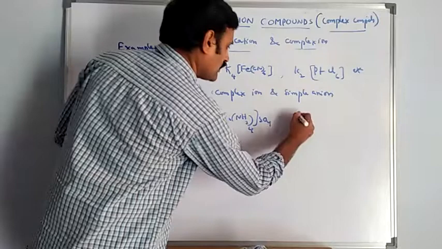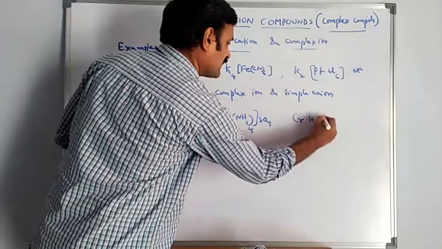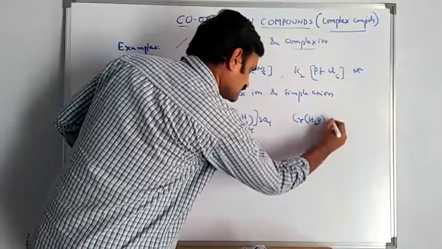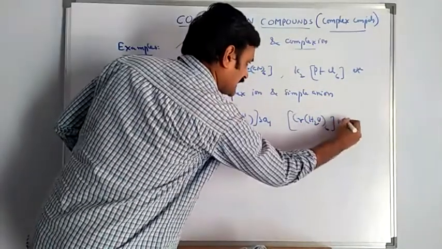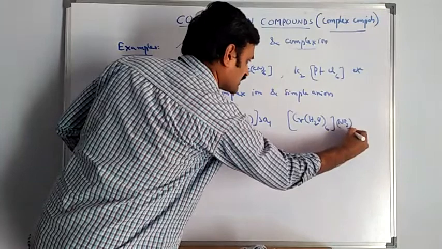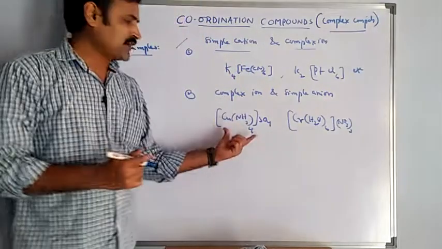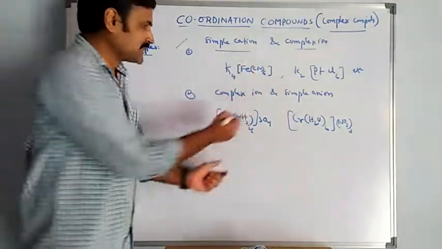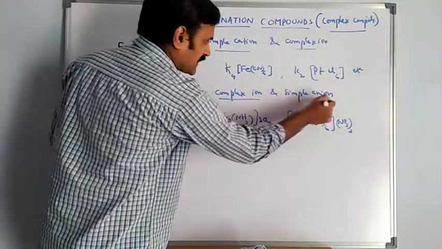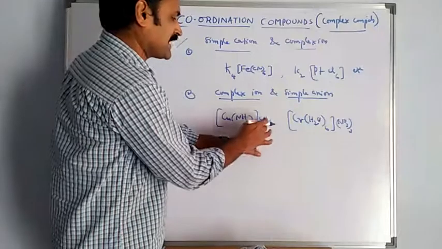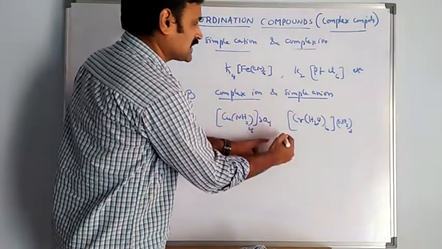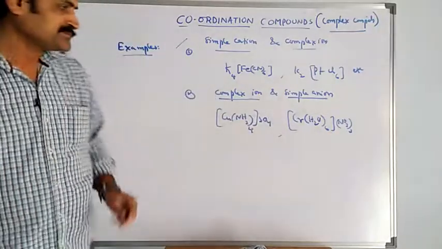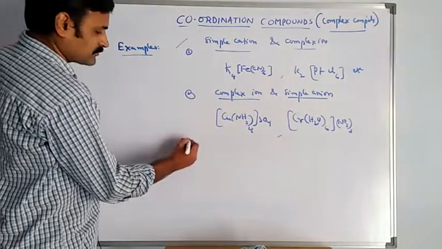Similarly, chromium is also an example, with 6 water molecules and nitrate ions present outside. So first we write the complex ion, next we write the simple anion. The anion is sulfate here, and in this example the anion is nitrate. Okay. This is one type of example.